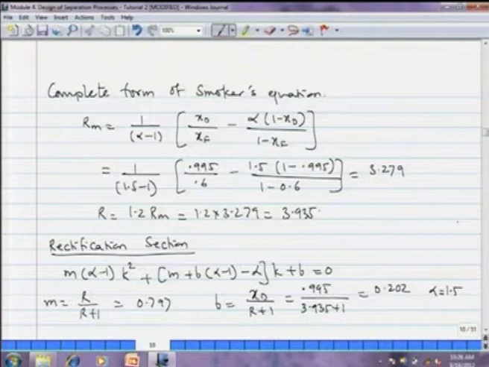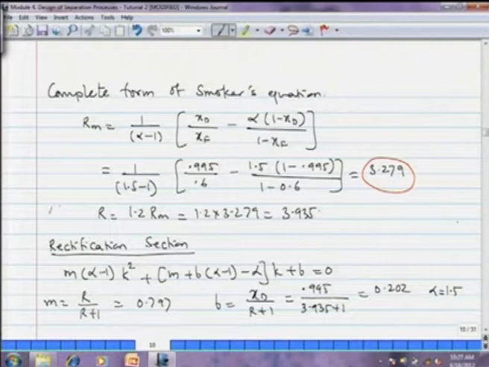Rm is equal to 1 divided by alpha minus 1 into the bracket XD by XF minus alpha into 1 minus XD divided by 1 minus XF, and now we substitute all values that we have: alpha equal to 1.5, XD equal to 0.995, XF equal to 0.6. Minimum reflux ratio is calculated as 3.279.